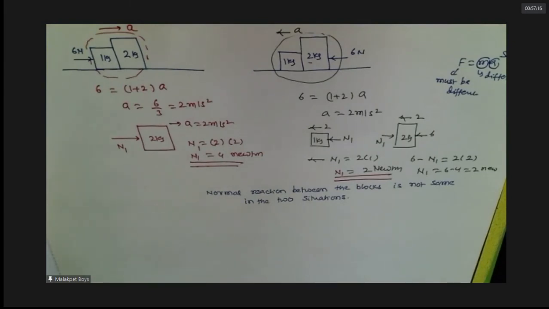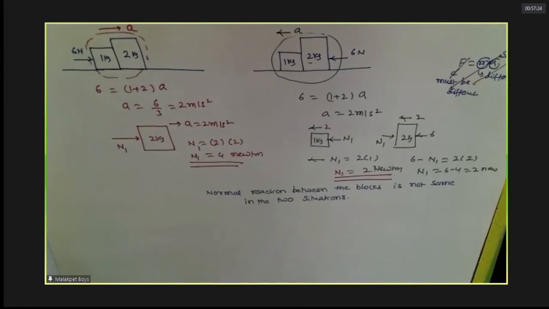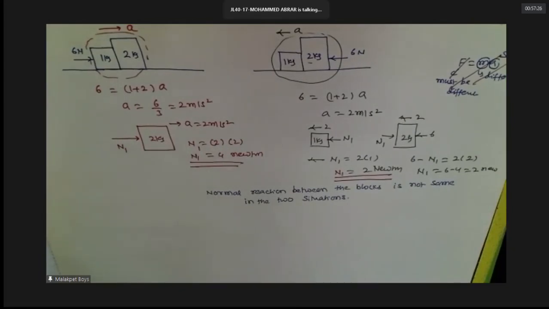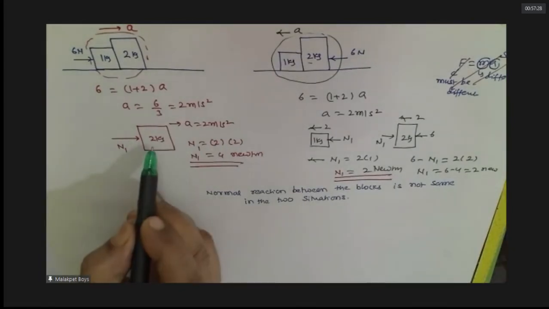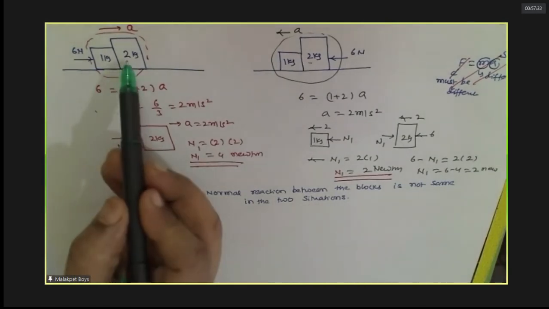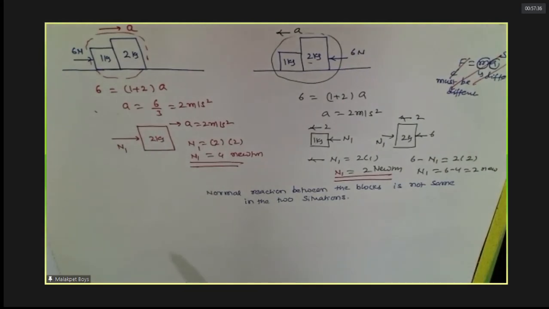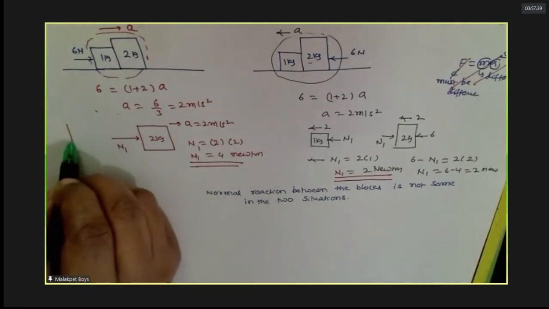Sir, for the first diagram, 2 into 1, na, sir? The mass will be 1 kg, right? Why, man? I'm showing this is 1 kg. I'm taking this block. Observe this N1. I am not taking this block.